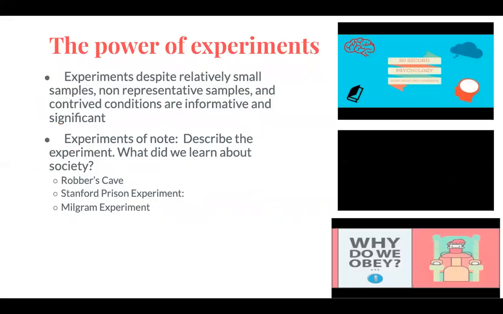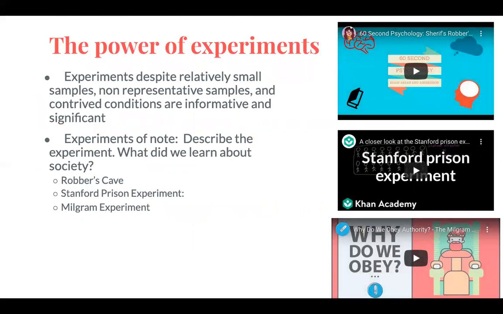Why is that? Well, experiments tend to have small samples, which brings up issues of generalizability. Those samples are oftentimes non-representative, which is a bigger deal to us because of what we study versus what psychologists study.